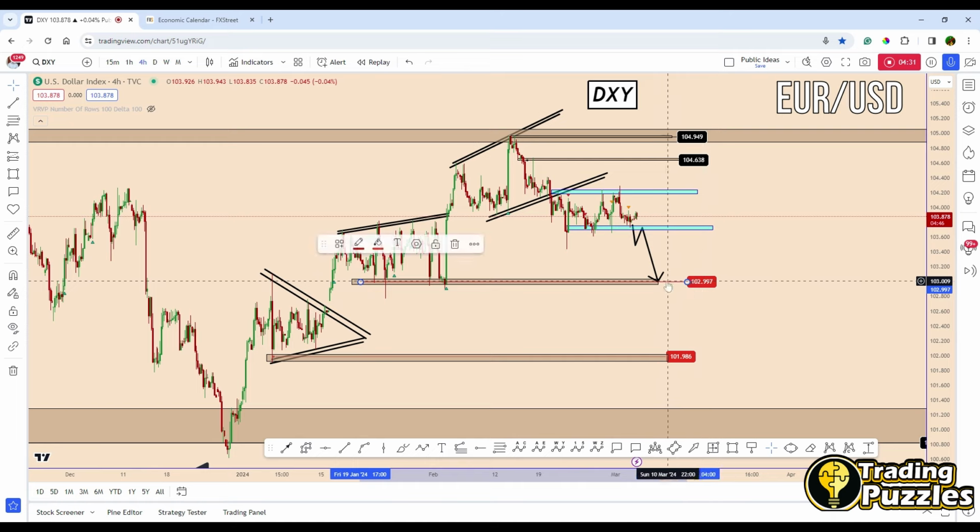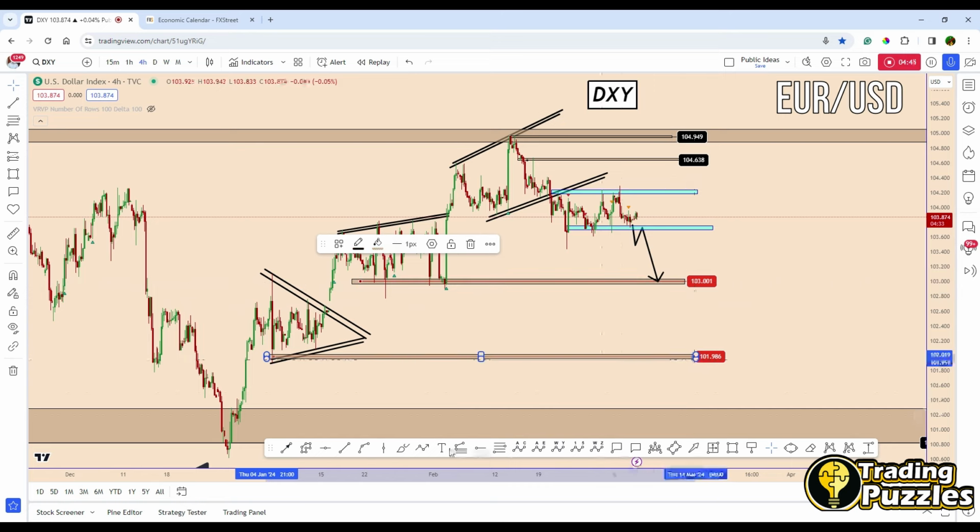However, we have to be careful because the first and strongest support will be found below this point at 103, and if the price manages to break below it, it will continue to move down further. So this is what I'm looking at.